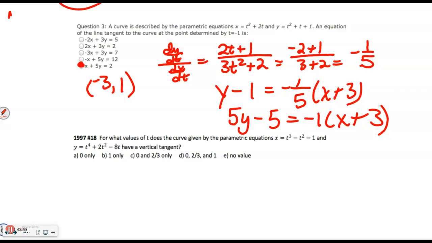It will be. I'm going to explain it. It should be dx/dt if you're finding horizontal.